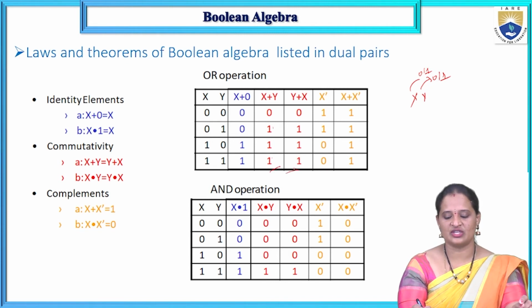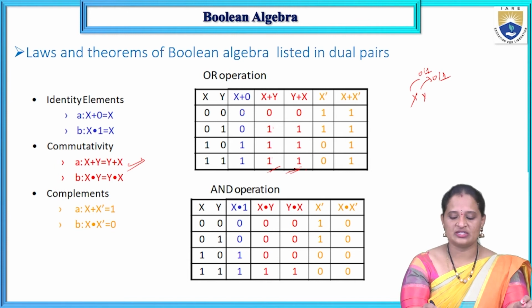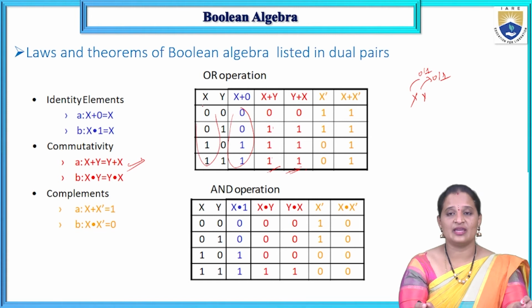As we have seen, x plus y and y plus x are the same, so we can say that the commutative law is satisfied. And x plus 0 is equal to x. This column and this column are the same and hence I can say that x plus 0 is equal to x. Similarly, x plus y, this column and this column are equal and hence I can say that x plus y is equal to y plus x.